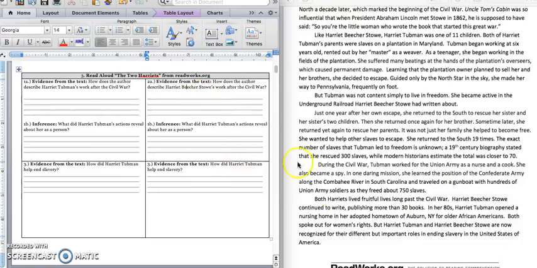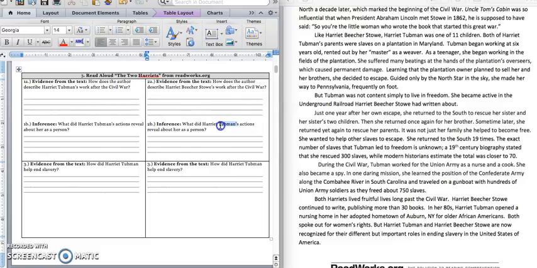And so we would go back into that paragraph that talks about how Stowe's novel, that she continued to write books, to speak out against slavery. So that's what we would write for 2A. Harriet Beecher Stowe continued to write books and speak out against slavery. Press pause to write down your answer for 2A and play when you are ready for 2B.